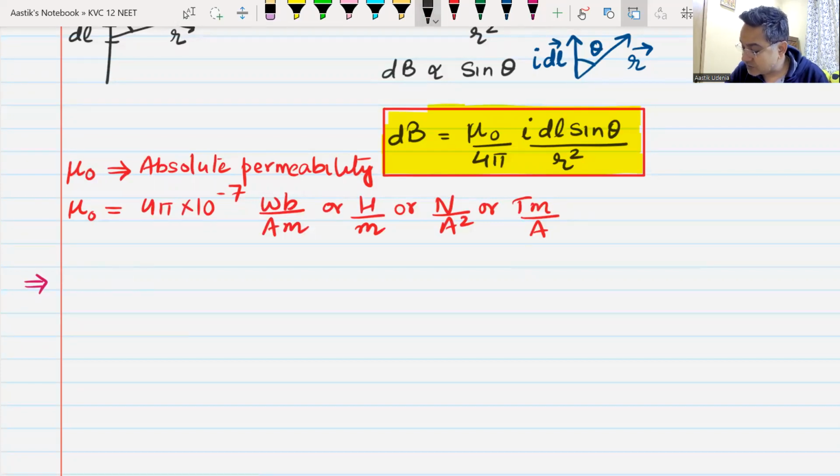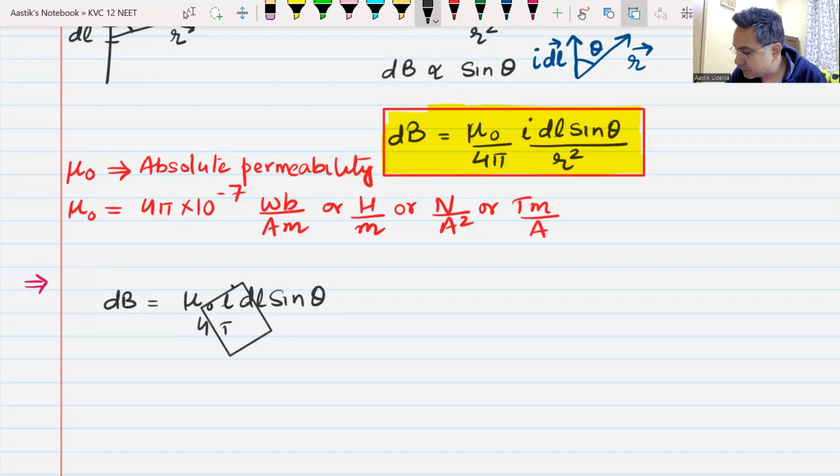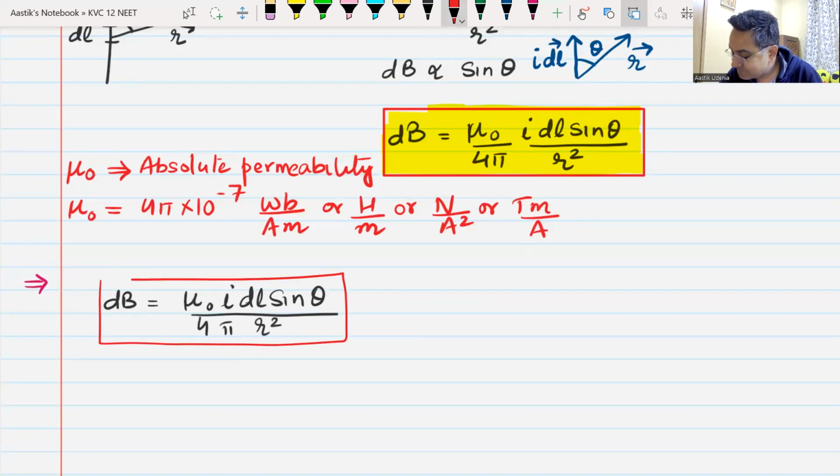I've written the equation dB is equal to mu naught I dl sine theta divided by 4 pi, mu naught divided by 4 pi into r square. Now this is the equation that we have written.